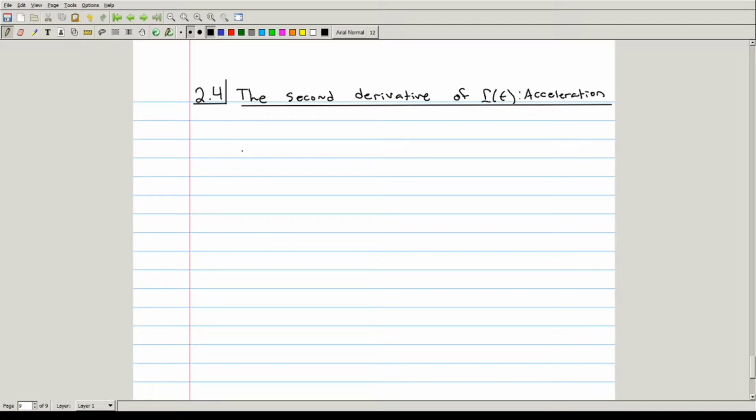So we define the acceleration vector a of t to be the second derivative of the position vector, which is the same thing as the first derivative of the velocity vector on the curve.